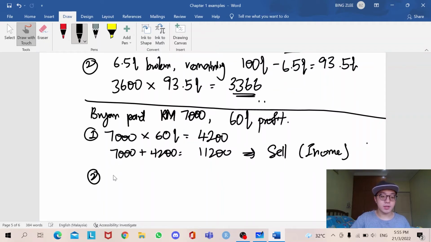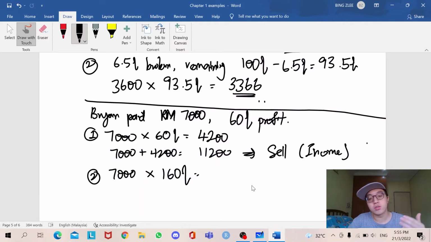And the second method is 7,000 multiplied with 160%, right? This is very straightforward because if 7,000 is 100%, then you will need an additional 60% of profit, so it will be straightly 160%. So if you press the calculator, you will get the same answer as above, or 11,200. All right. Again, I would prefer the second method because you might forget this line and you will get the wrong answer.